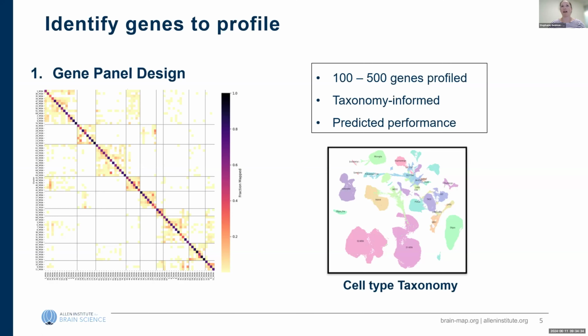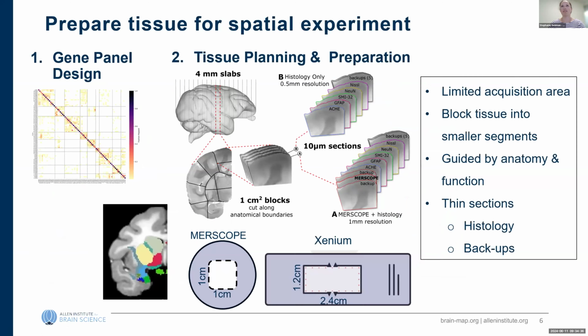Once we've picked our 500 genes of interest, we need to prepare the tissue. These platforms have a relatively small acquisition window for the experiment, typically 1 to 2 centimeters squared, which is big enough to fit a mouse brain, but much smaller than the human and non-human primate brains that we want to sample here.